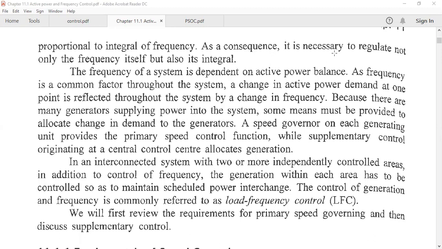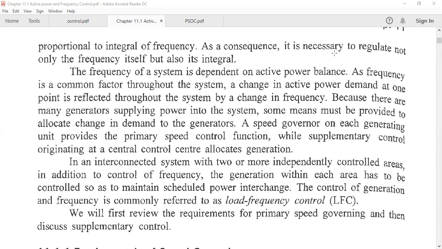So changes in the frequency will be taken care of by the speed governors in the generating units or stations. If the load on the system is going to increase, and we change the speed of the alternator with the help of the speed governor mechanism, then we can generate more and more power, by which we can deliver the required active power to the load and maintain the system frequency within tolerable limits or rated values. This can be done with the help of a speed governor.